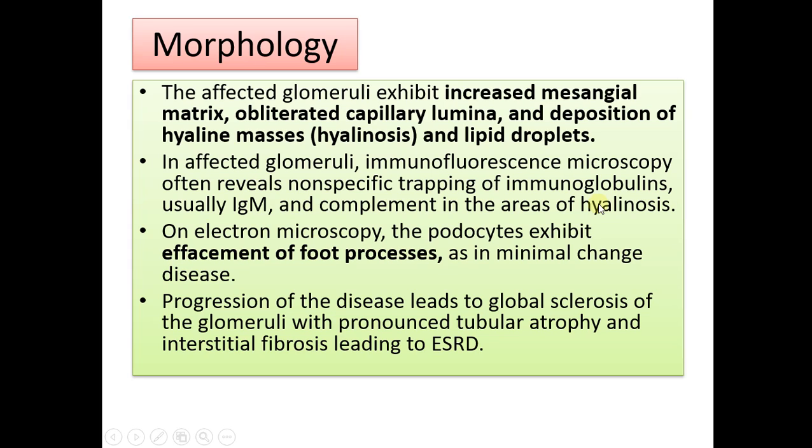However, it is not clear whether the immune mechanism plays some specific role in FSGS or not. Therefore we say that there is non-specific trapping of the immunoglobulins in the mass of hyalinosis and glomerulosclerosis.